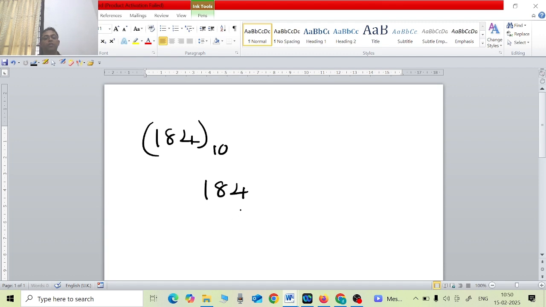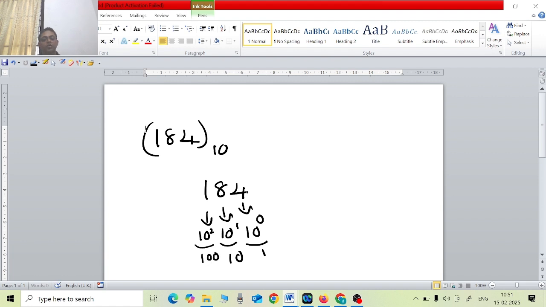We will try to understand with an example. This is actually called 184. That means this is 10 raised to 0, this is 10 raised to 1, this is 10 raised to 2. Any number raised to 0 equals 1, we know. So 10 raised to 0 also equals 1, and 10 raised to 1 equals 10, 10 raised to 2 equals 100.